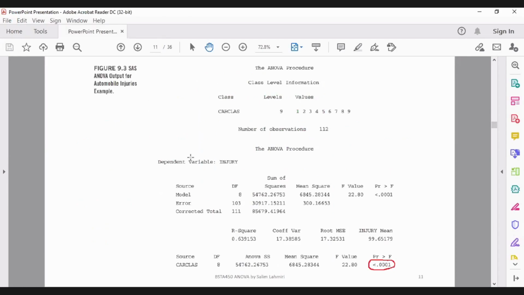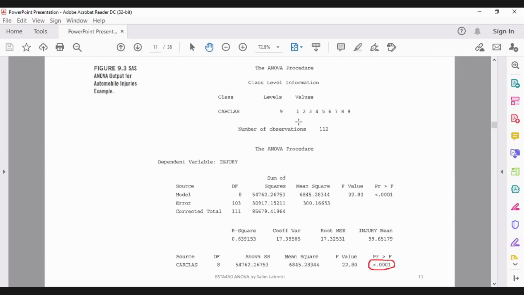So this is the output from SAS, for example, showing results from the ANOVA analysis. We got this class level information: the class, the levels, and the values. The class name is car class.